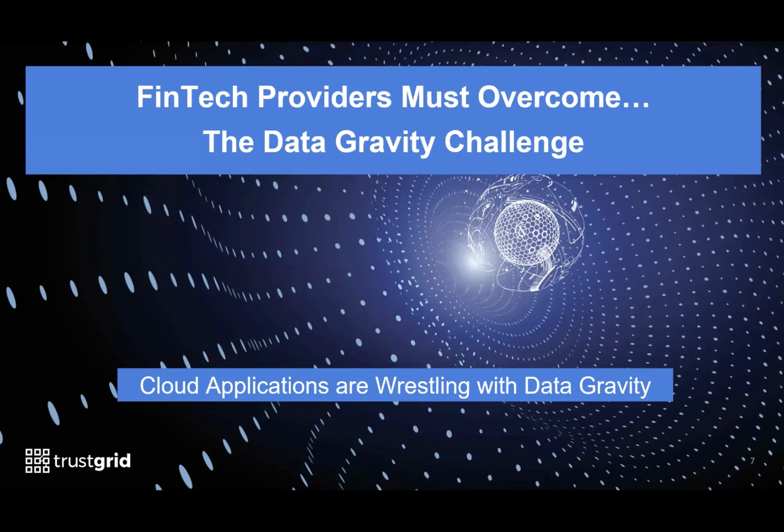The way that Trustgrid looks at this problem, though, is from a much higher level perspective. And we use the phrase data gravity, which is from the data management space. But this is the tendency for data to resist centralization. It's pulled to where it's created, almost as if some natural phenomenon.